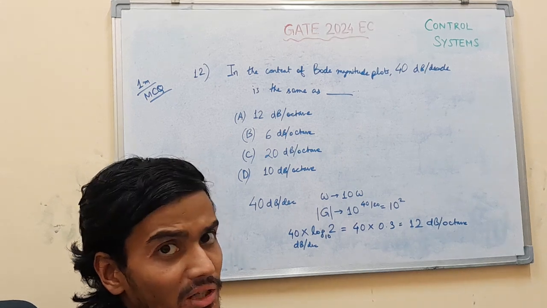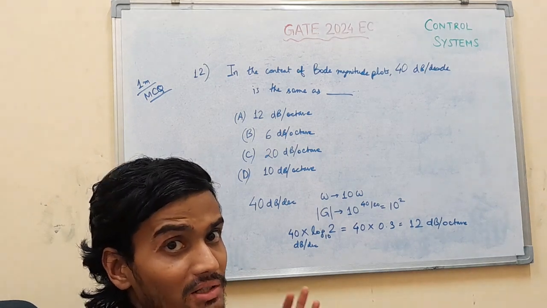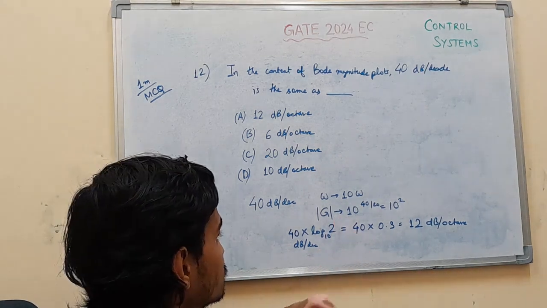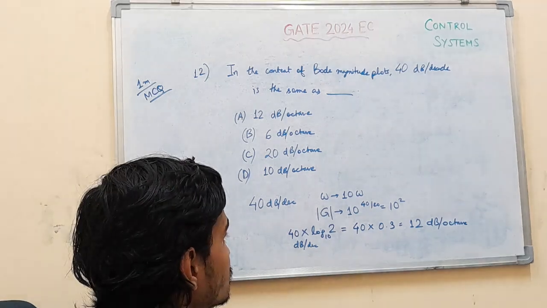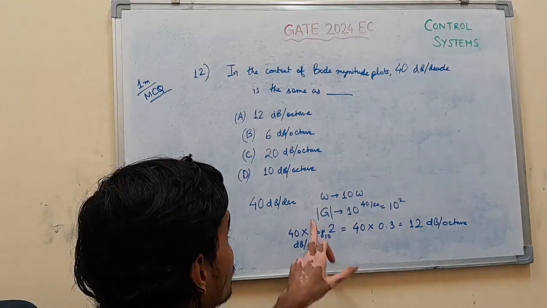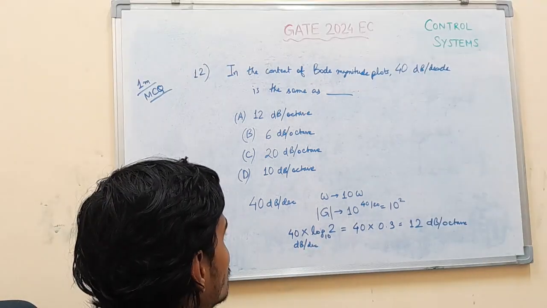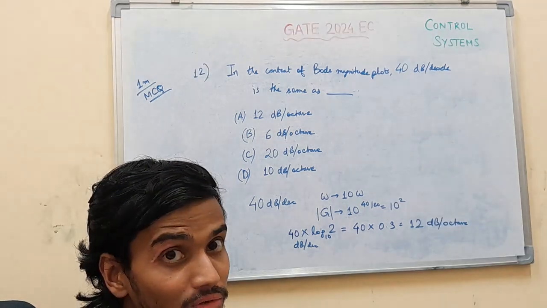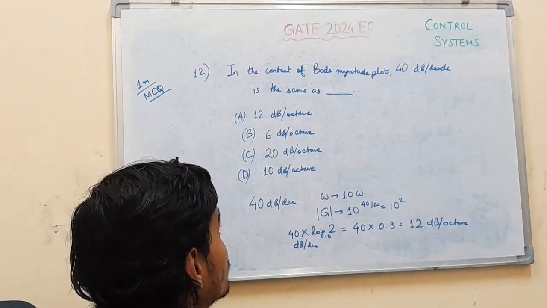dB per decade means if omega is increased by 10, what will be the increase in gain in dB? Now if omega is increased by 2, then the corresponding increase in gain will be expressed in dB per octave.